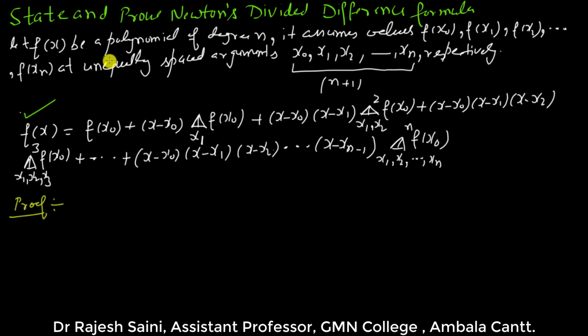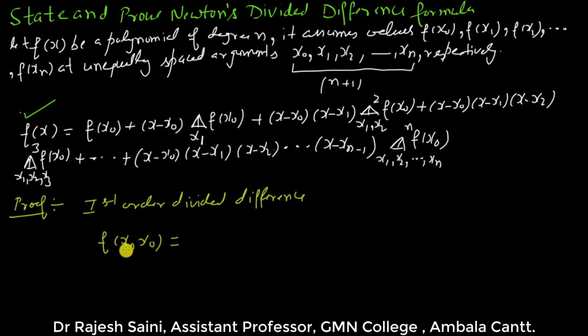So in the proof you will once again write that f(x) is a polynomial of degree n, and it assumes the values at the arguments which are unequally spaced. In this case I am going to take the first order divided difference, f of x, x0.